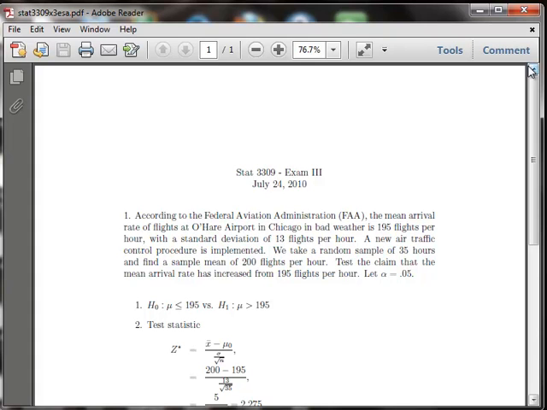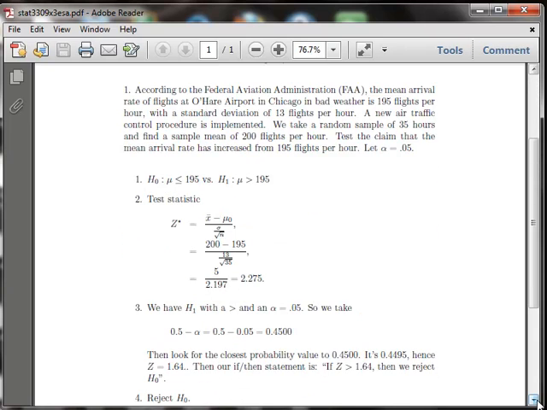And the secret word for our phrasing is "increased," so that means greater than. So our H0 is going to be mu less than or equal to 195 versus H1, mu greater than 195, because of the increased.